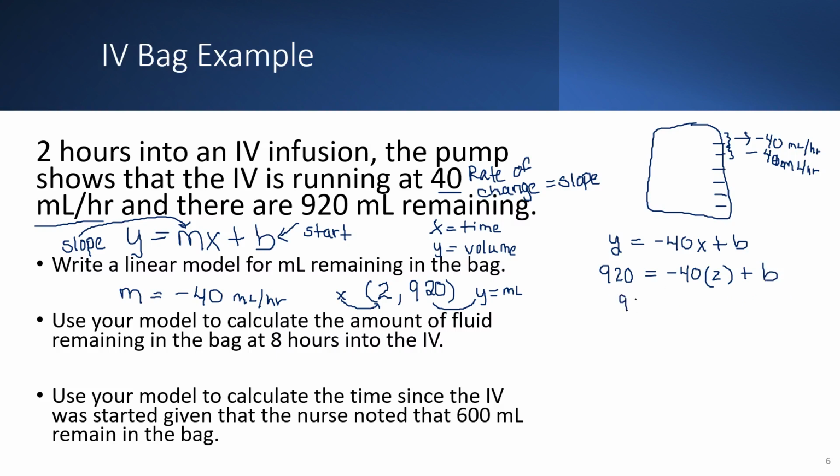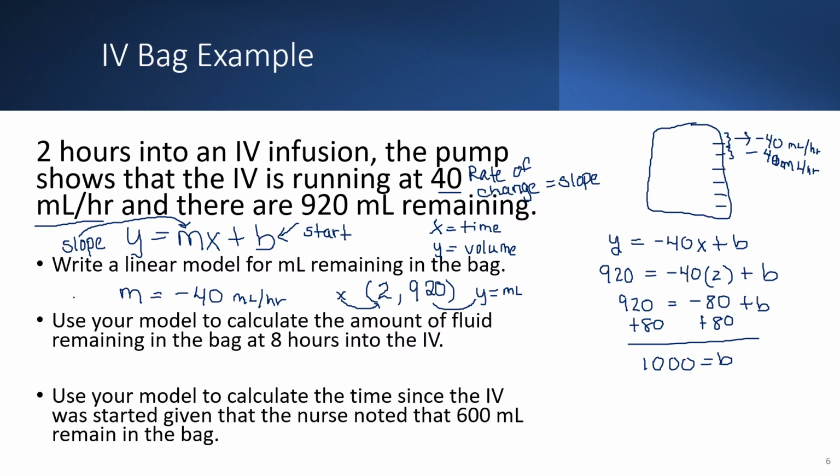So I have a little bit of math and algebra to do. The first math that I'm going to do is to multiply. And so I have negative 80 plus b. And then the algebra that I need is to do the opposite to both sides. So I will add 80 to both sides. And that will give me that b is 1,000. And that actually feels pretty logical because I know that 1,000 milliliters is a common size for an IV bag.